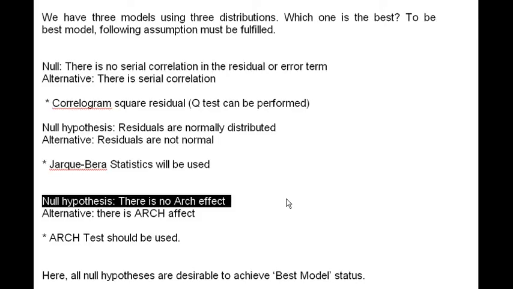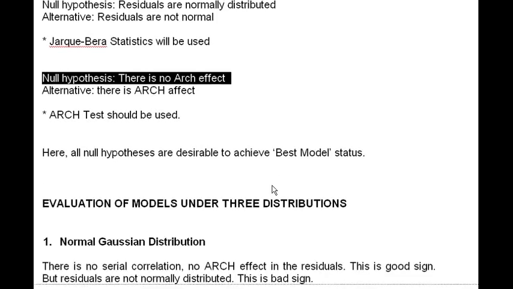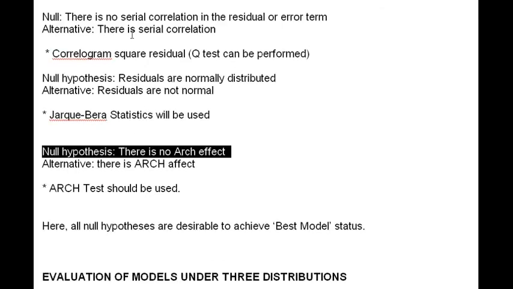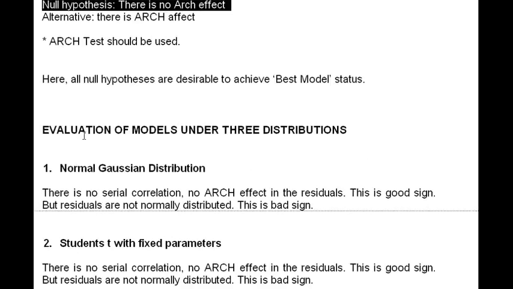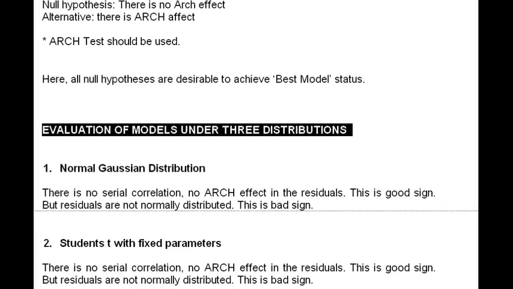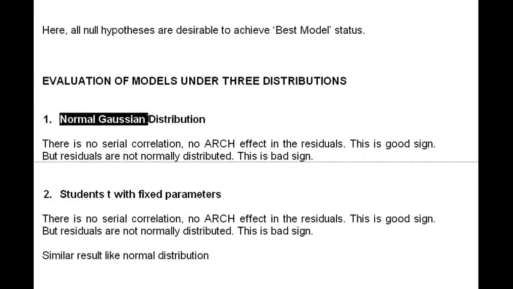Okay. Now we have already tested all the assumptions, that means the three assumptions here. And what is the result? Evaluation of models under three distributions. First I check under normal Gaussian distribution. What is the outcome?